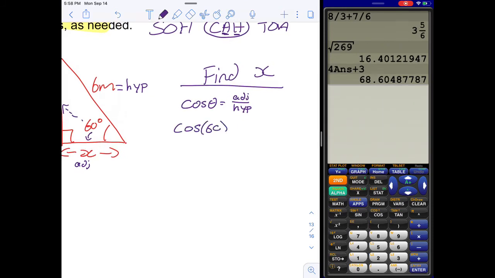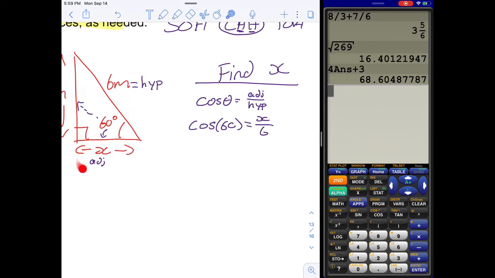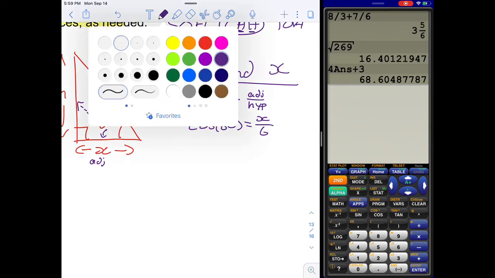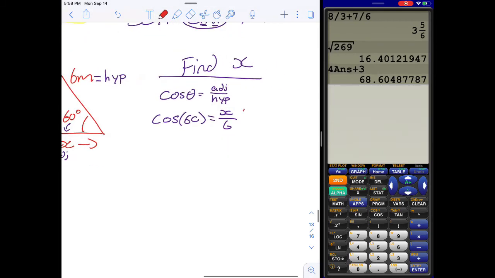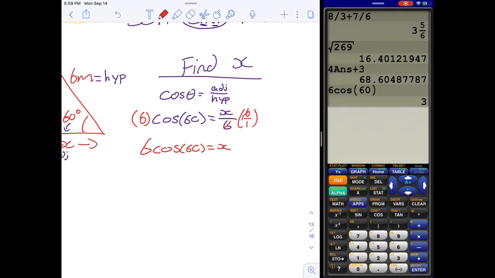Cos 60 equals adjacent, which is our x, over hypotenuse, which is our 6. And now we're just simply solving for x. Multiply both sides by 6, which helps us cancel out the 6, so we get 6 cos 60 equaling x. So plug that into your calculator. Now we get x equaling 3.